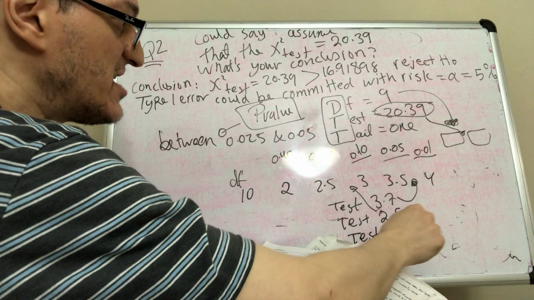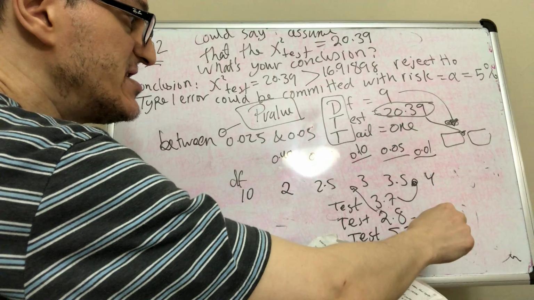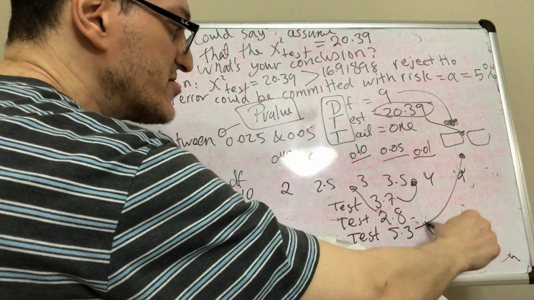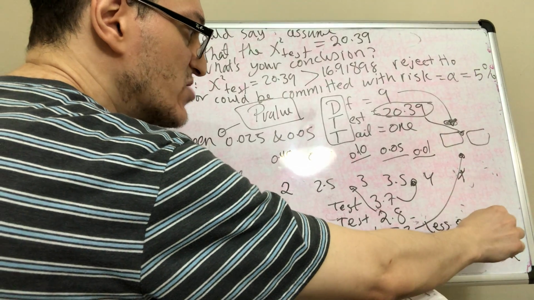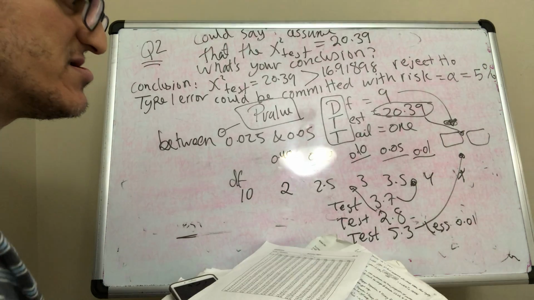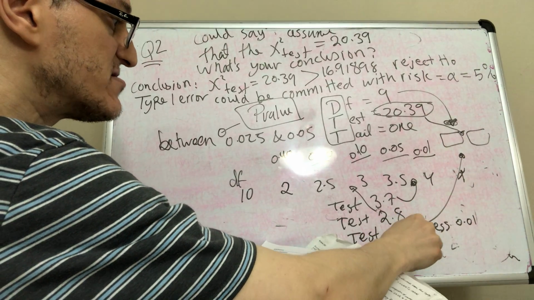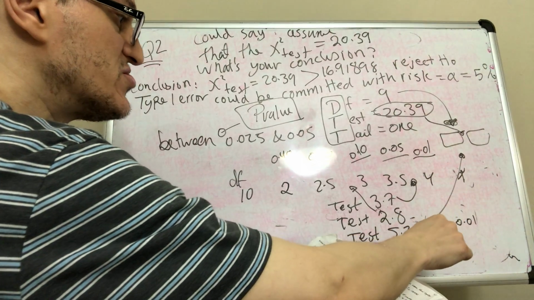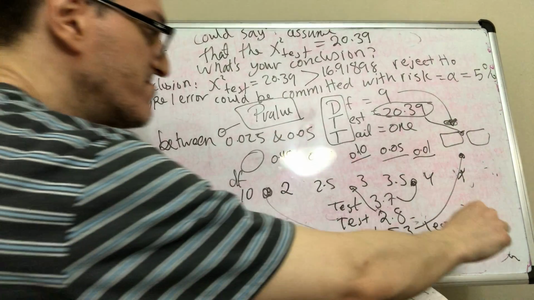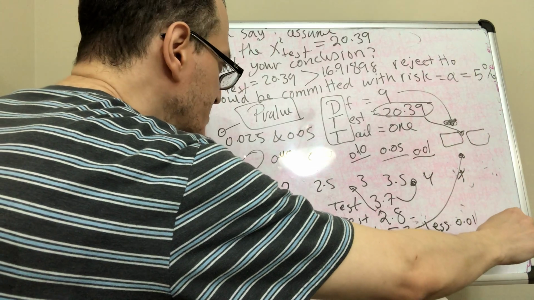If your test happens to be 5.3, like here, outside the table, all you need to say is it's less than 1%. Anytime it's more than the table, it will be less than the percentage. And if your test is 1.2, like here, less than 2, you'd be more than 40%.